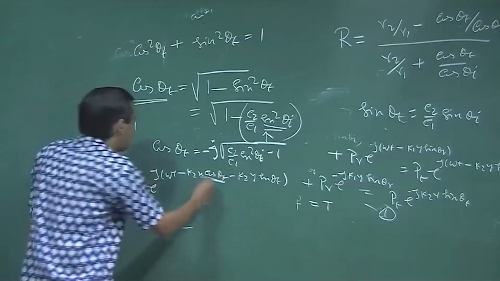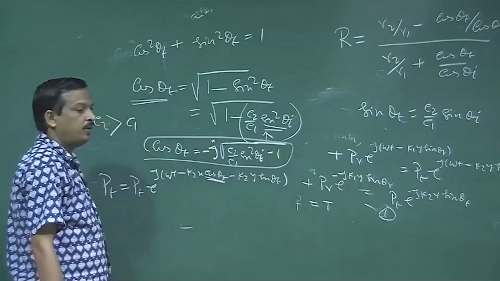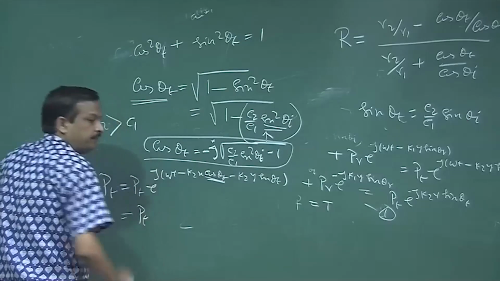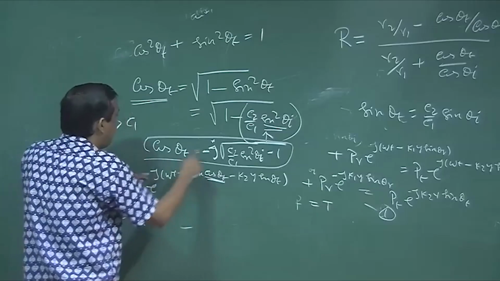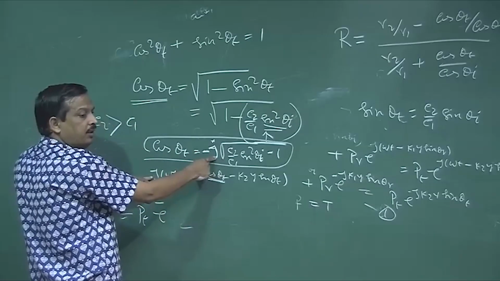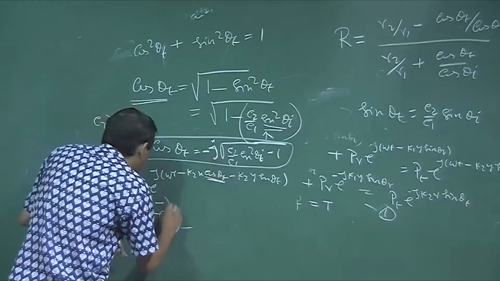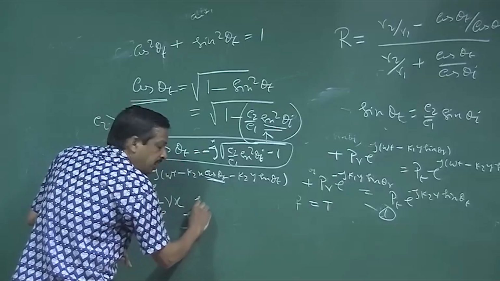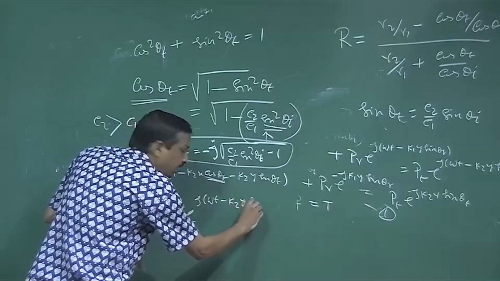So, I put the value of cos theta t in this equation. The j will be cancelled, so this is minus gamma x, into e to the power j omega t minus k2y sin theta t.